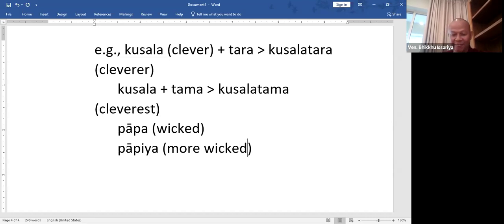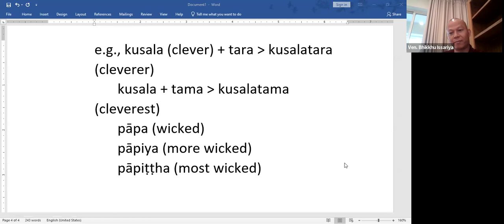More wicked. So some words we use with iya, but some words we have to use with tara. There are some rules. So most wicked, like that.